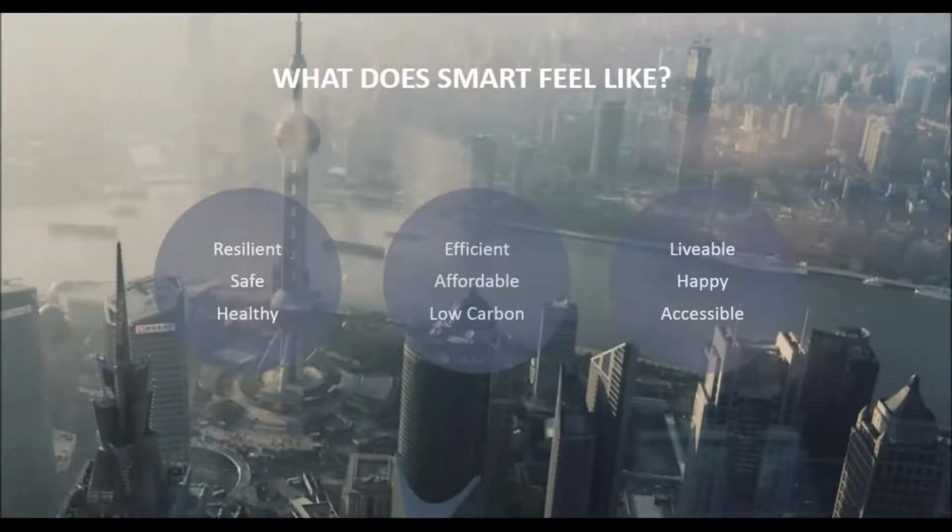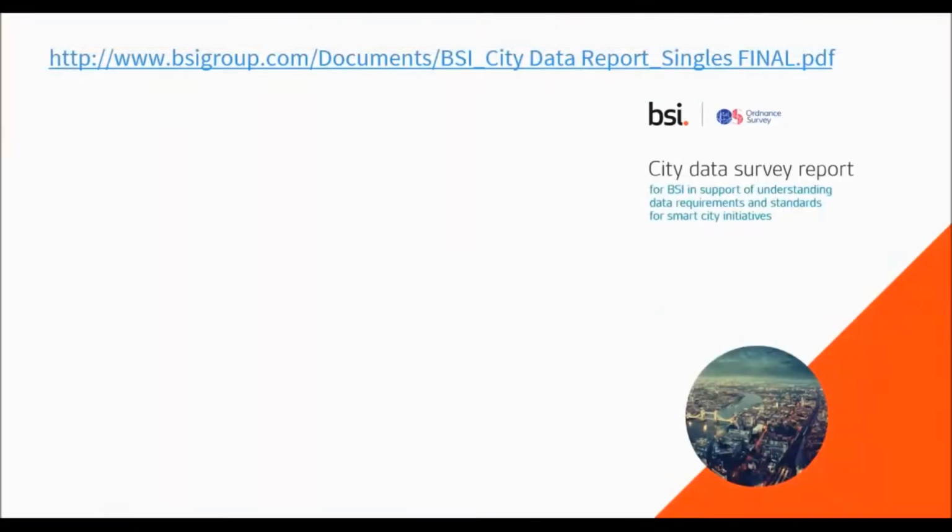So some of the attributes that you might want to associate with smart cities are here on the screen, and they are generally quite positive attributes. We're speaking about livable cities, happier citizens, low carbon systems, resilient, safe and healthy cities, things like that.